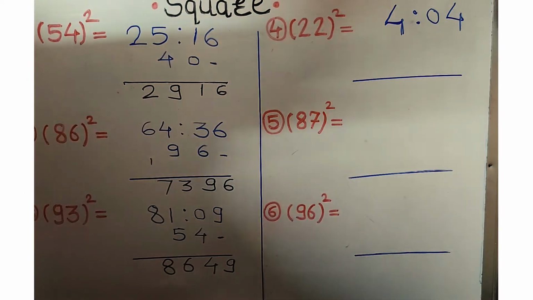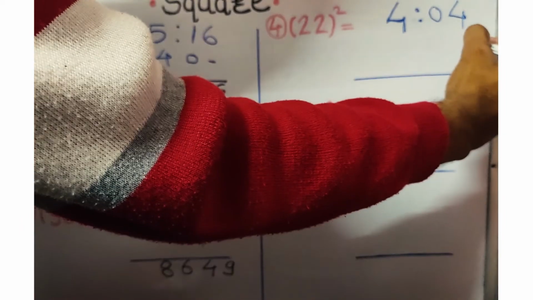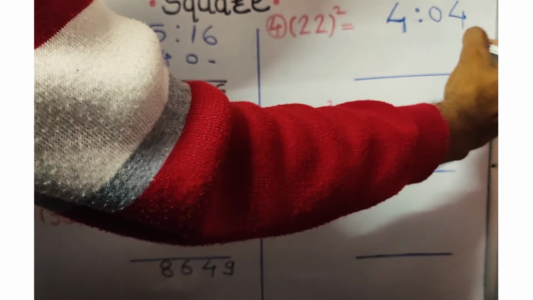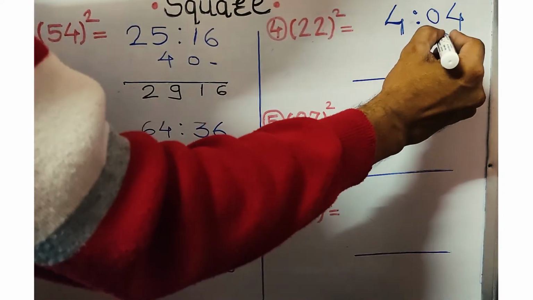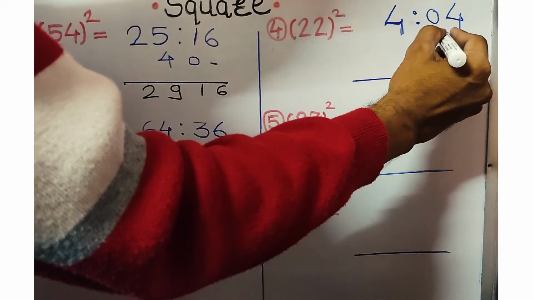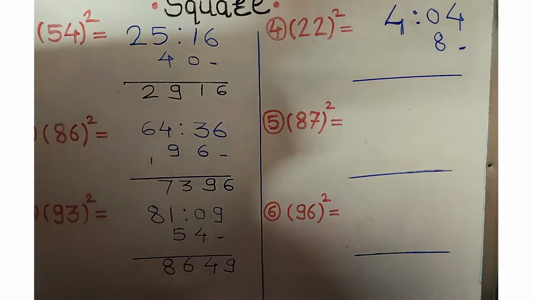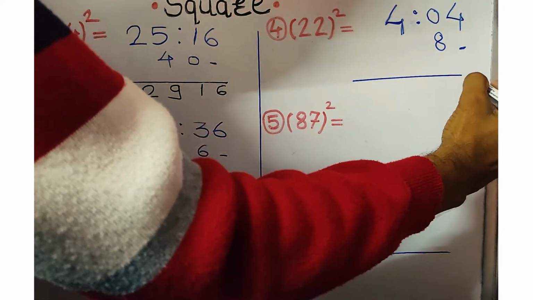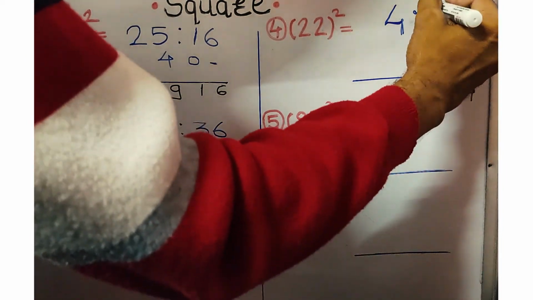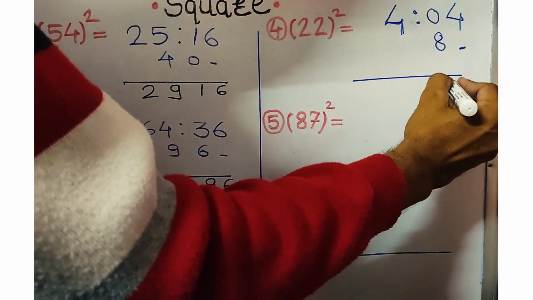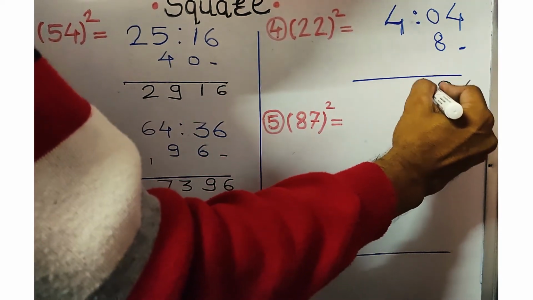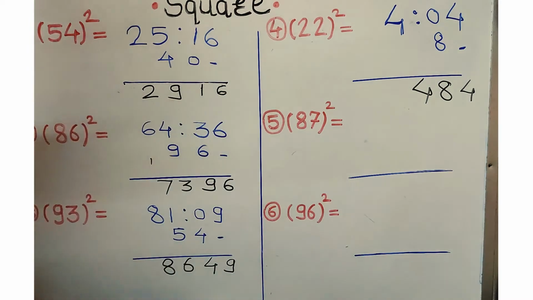Next step, multiplying 2 with 2, 2 twos are 4, twice of 4 is 8. This unit place must be vacant and write 8 below 0. And then addition of all this, that means 4, 0 plus 8 is 8, and 4 as it is. So the square of 22 is 484.